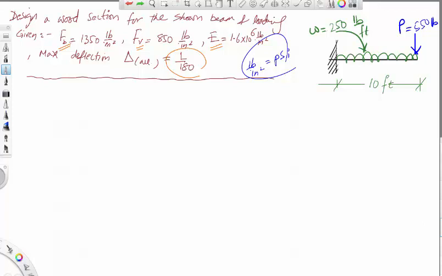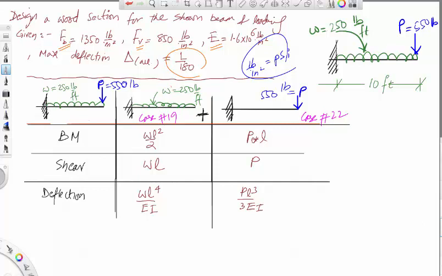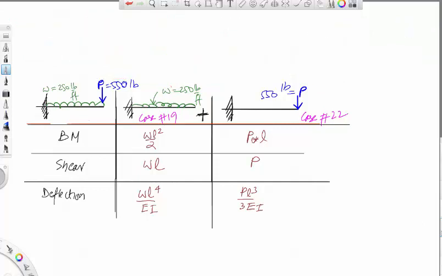So if you look at how we do that, we have the beam itself here equal to the uniform distributed load 250 cantilever plus the point load cantilever. The equations we take from the chart: for bending moment we have WL squared divided by 2 for the uniform distributed load, and for the point load it is PL.